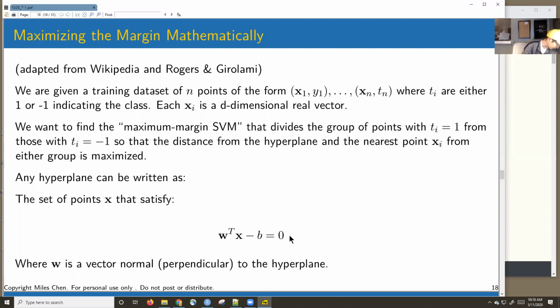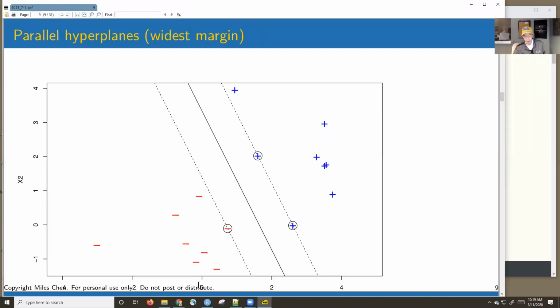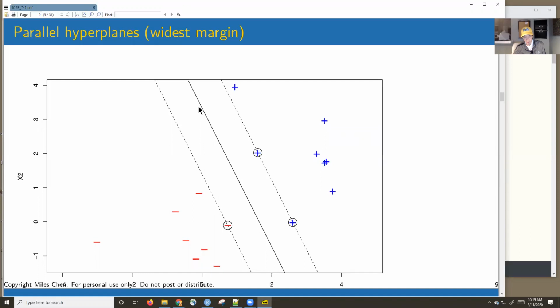Maybe I'll try to illustrate this. In this, we've got x1 and x2, and these would all be hyperplanes, so that basically the hyperplane is all of the x values, x1 and x2, that satisfy w dotted with x equaling some value, which can be expressed with the letter b.